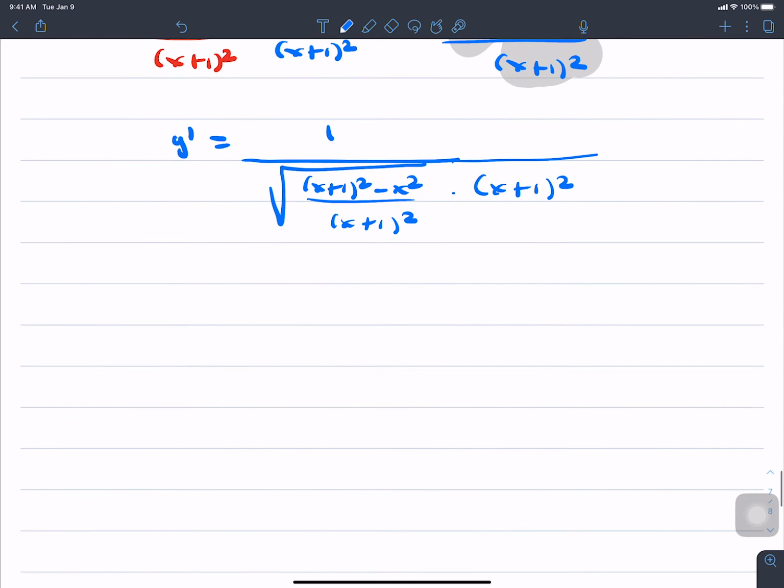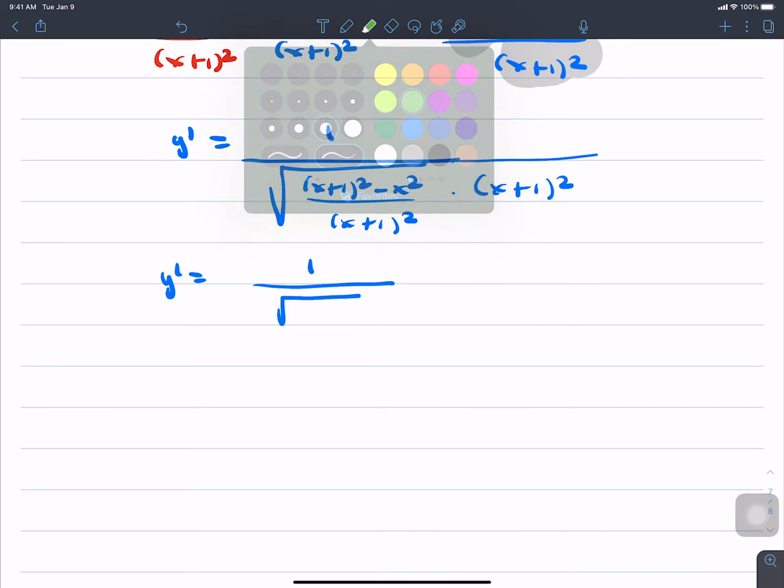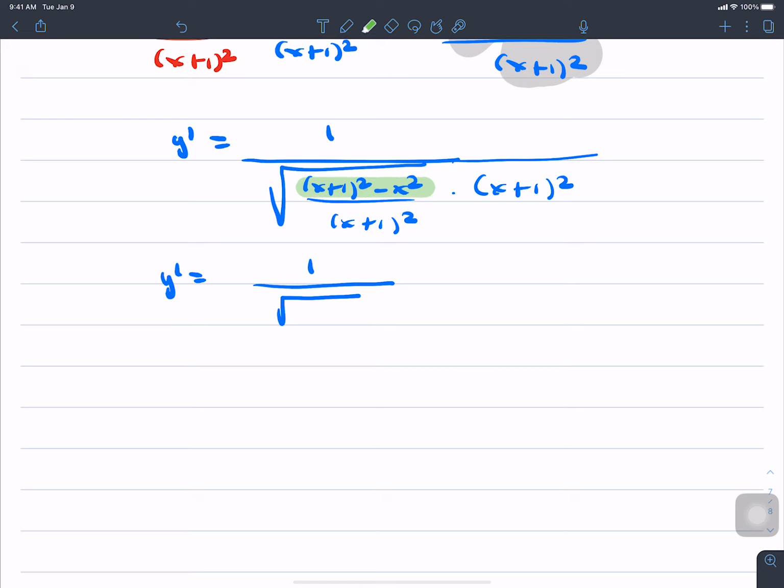So what's going to happen here is properties of, see if you can see this here, x plus 1 squared in parentheses here. Let me do a couple things at once. So this we're going to expand, and you're going to see that there's going to be cancellation here.